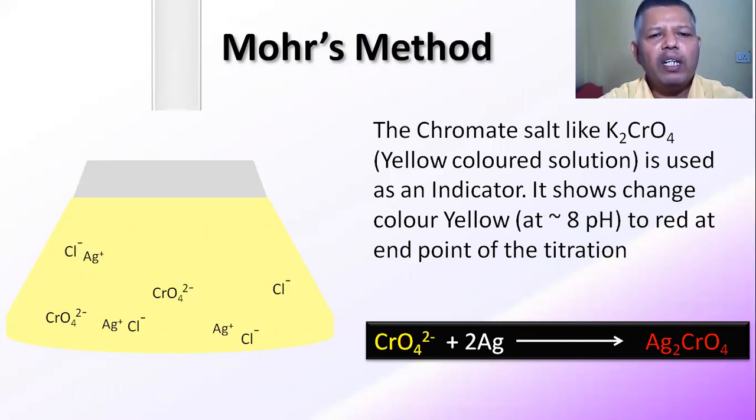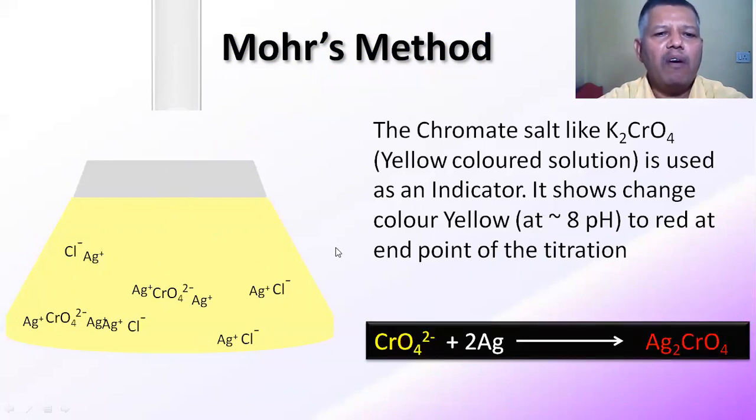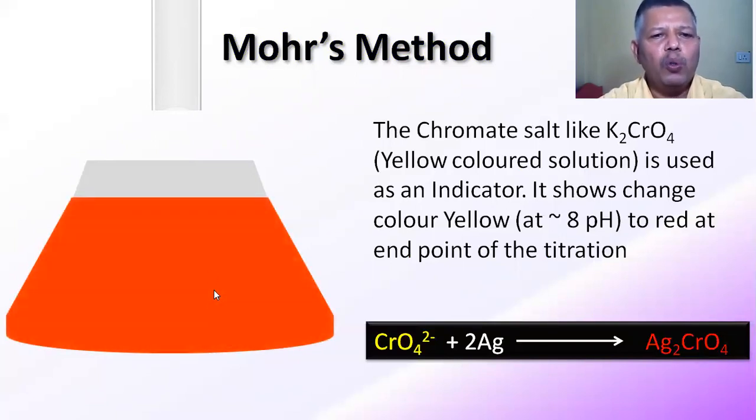Whatever chloride, bromide, or iodide ions are present in the solution form a white colored precipitate, and after completion of the precipitation, the next drop of silver ion forms a complex with the chromate ion, silver chromate. After completion of this, the color of the solution changes from yellow to red.